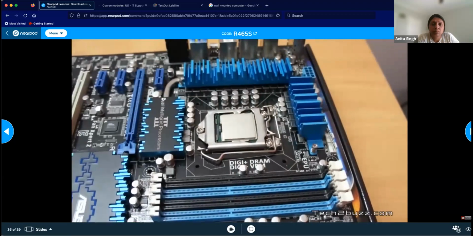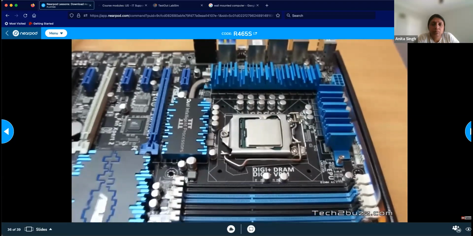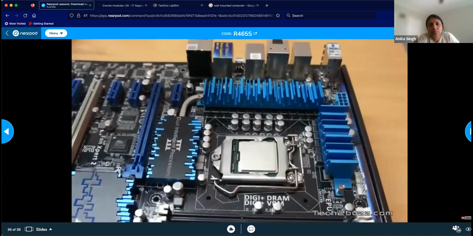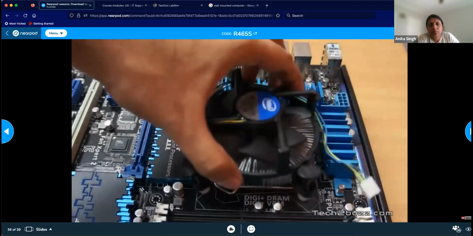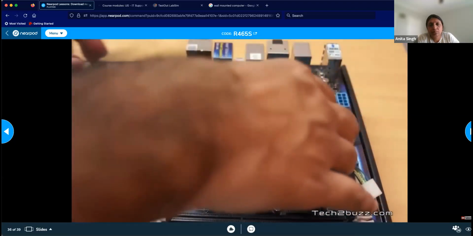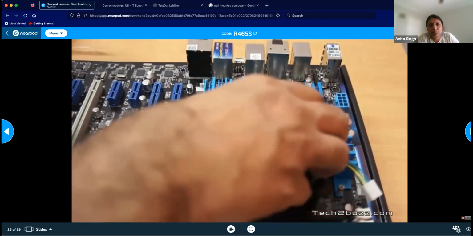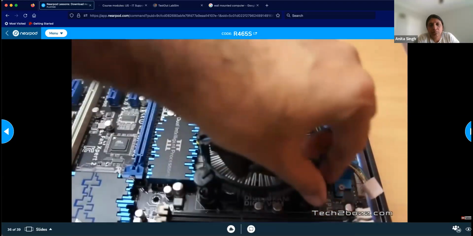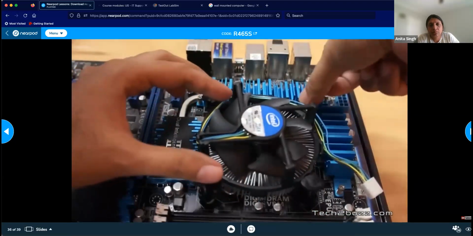Let me just zoom in a bit so you get a better view. What we do is gently place this over the 4 holes approximately, and those 4 pins should just go down gently.